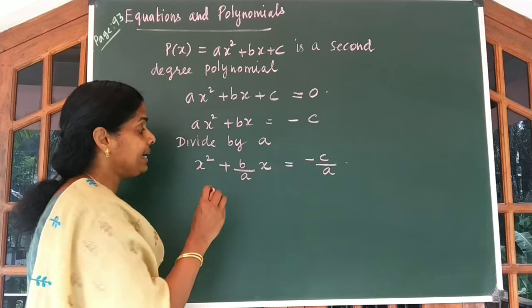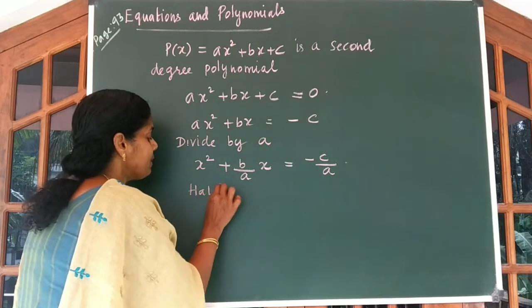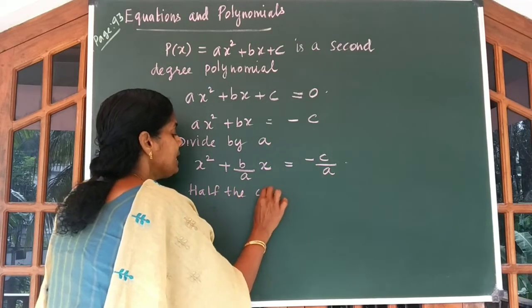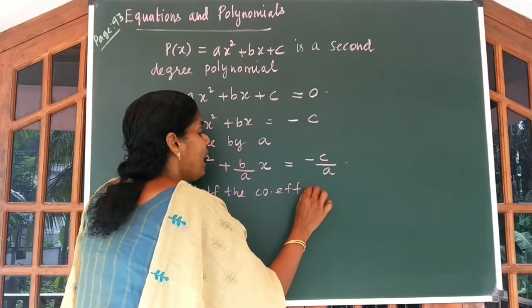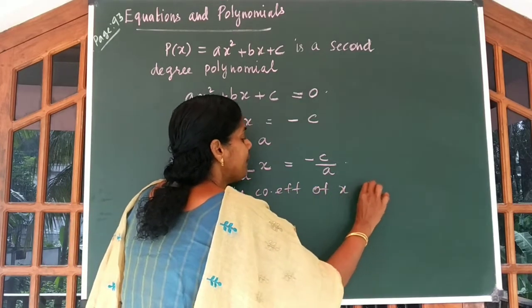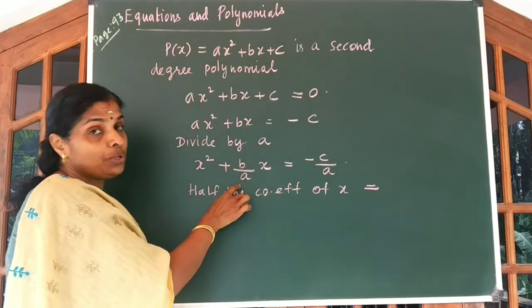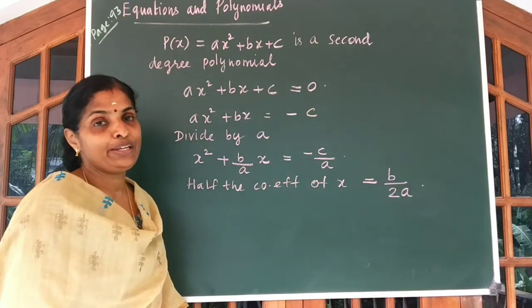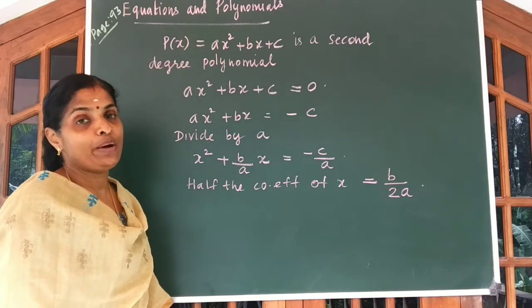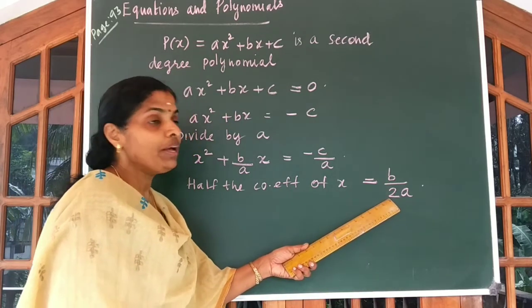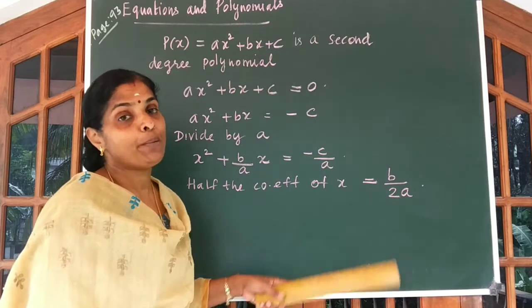So let us write half the coefficient of x. We know half the coefficient of x will be equal to b by 2a. Now what are we going to do? We are going to add the square of b by 2a on both sides.